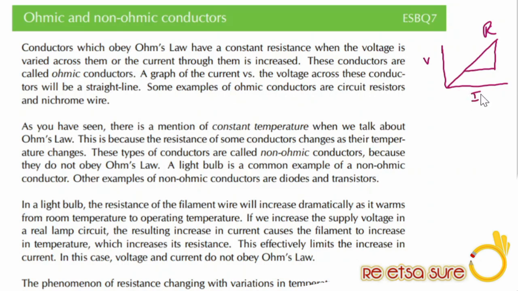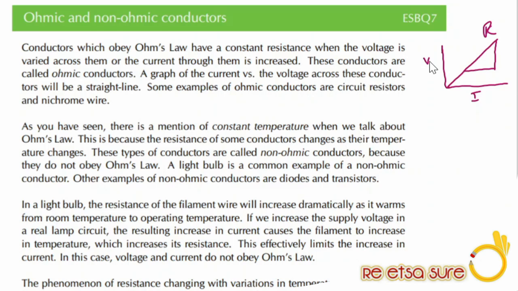Why? Because the relationship remains that V is directly proportional to I, and the line that is being formed here is a straight line. Okay, let me repeat it. Conductors which obey Ohm's law have a constant resistance.